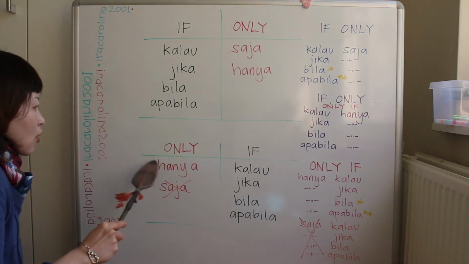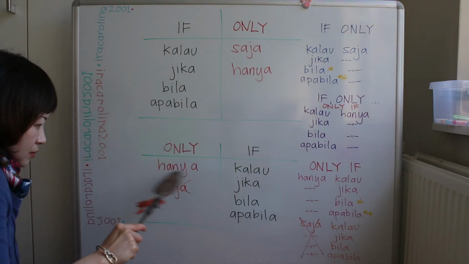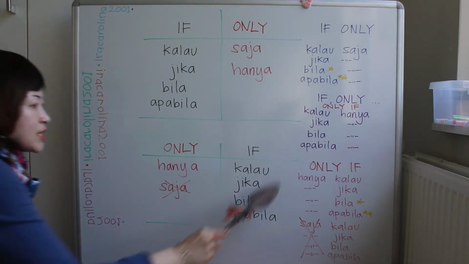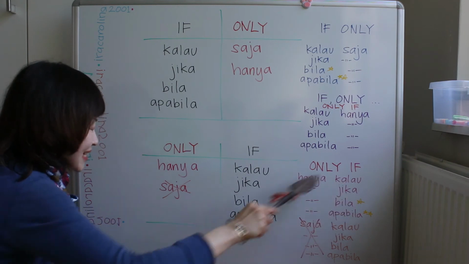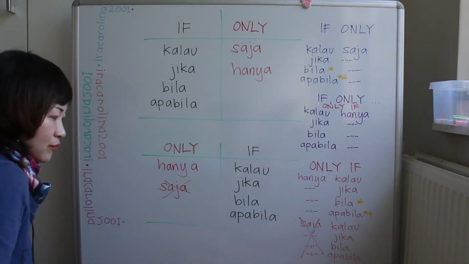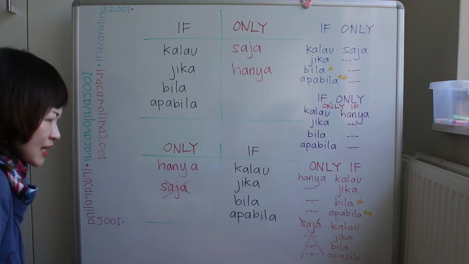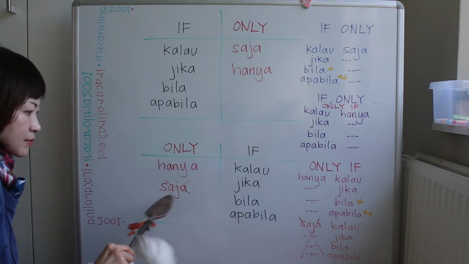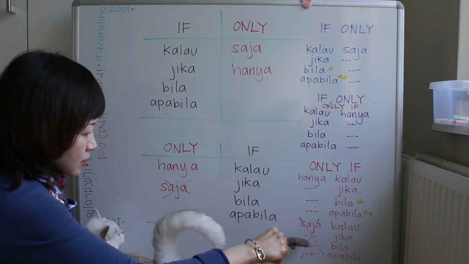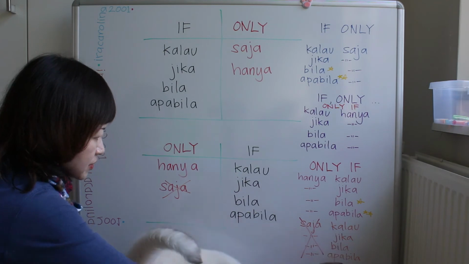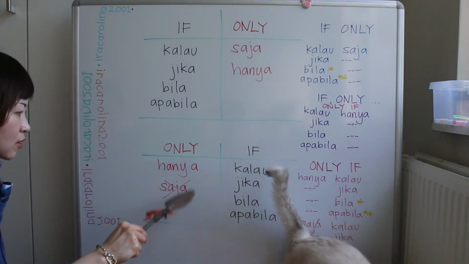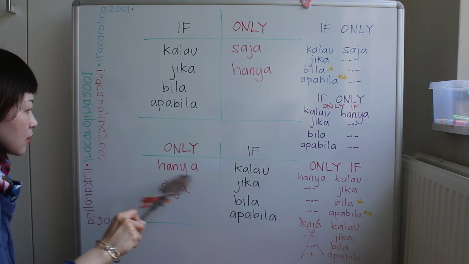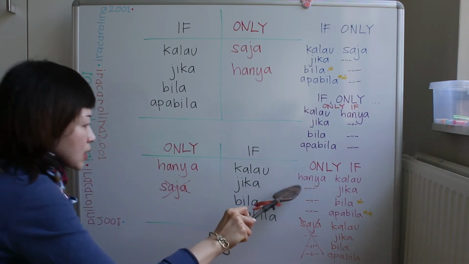So, we use only with hanya to say only if. These words literally stand for only if, with the only sign, hanya. We cannot use only with saja. This cannot be used in front of the if words, even though we know saja as only. But if you want to say only if, the only correct word to use is hanya.